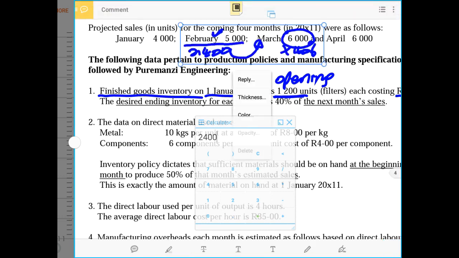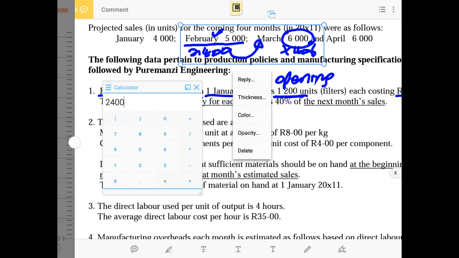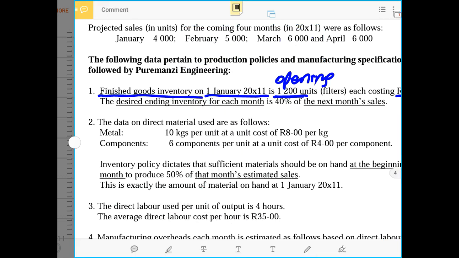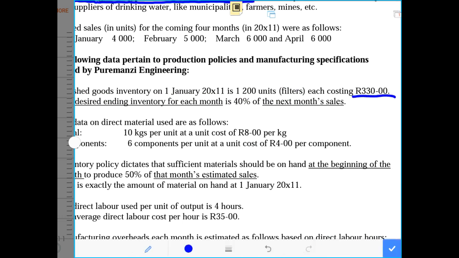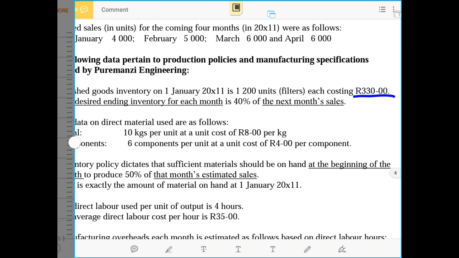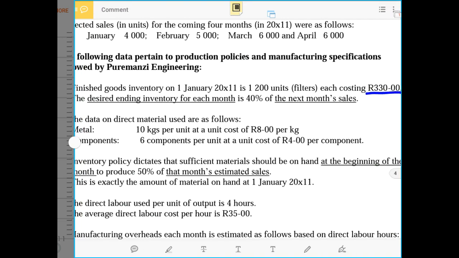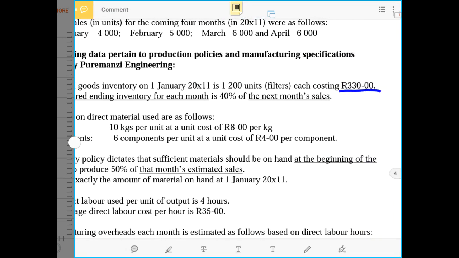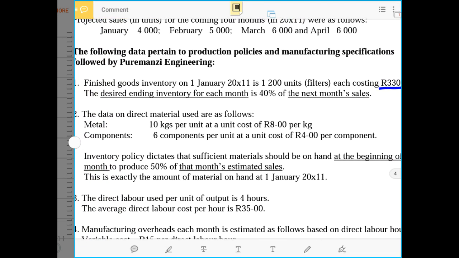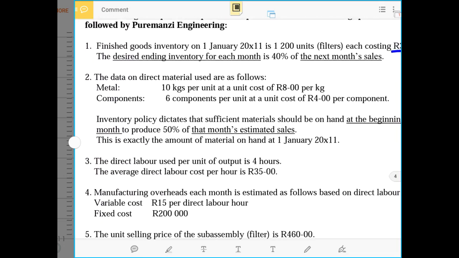However, I will highlight this repeatedly along the way in doing this exercise. They gave us the opening units and the closing units. Remember, the 330 was the cost of the opening. They just gave us the cost of the opening, which was the production cost per unit from the previous period of the 1,200 units.